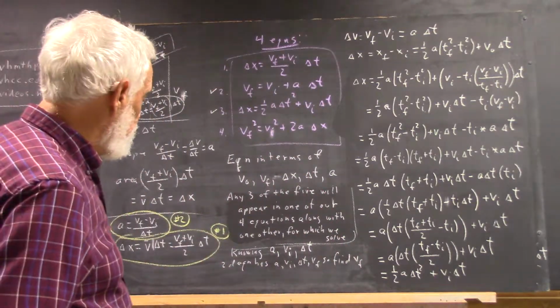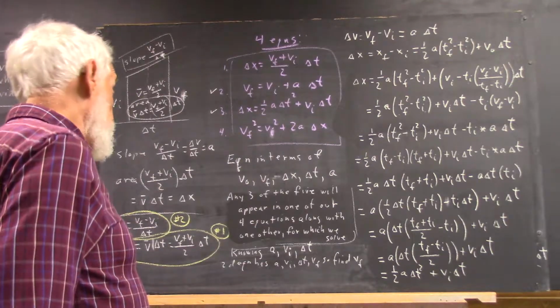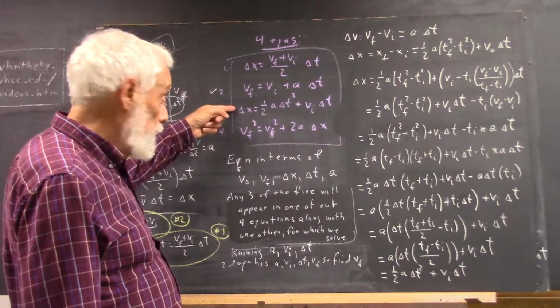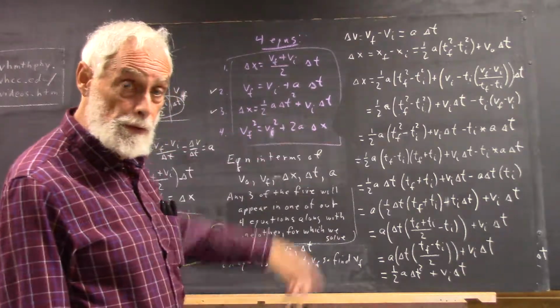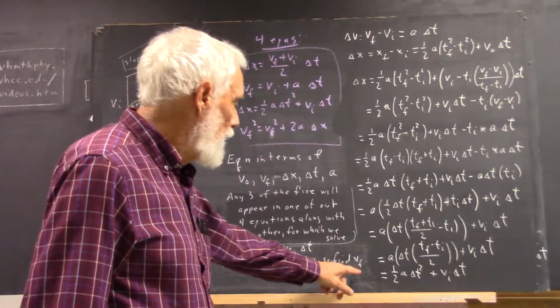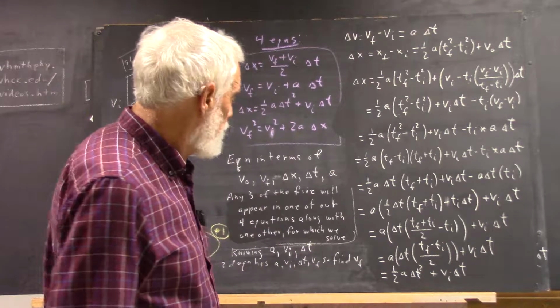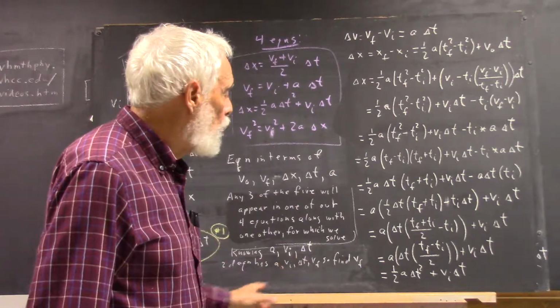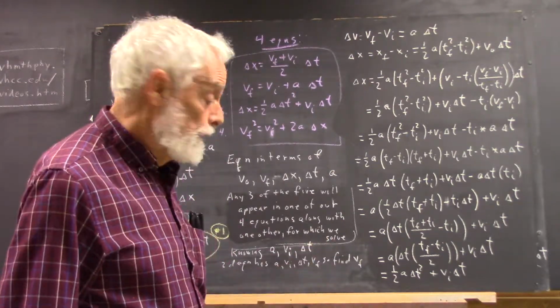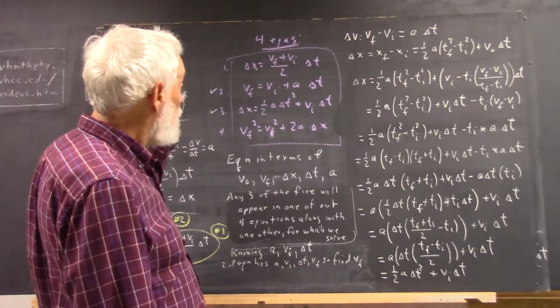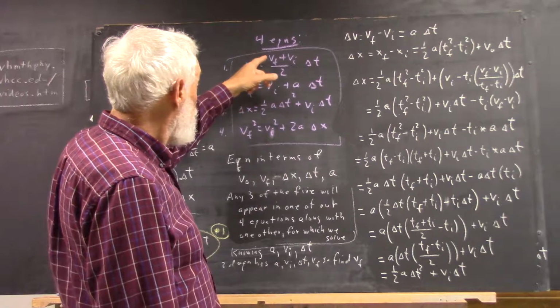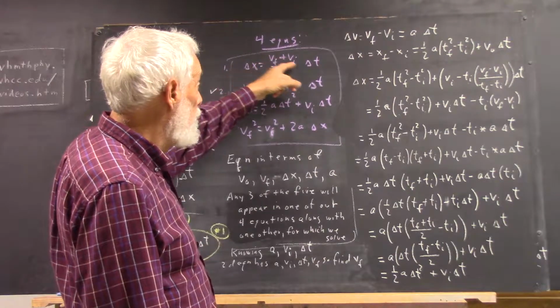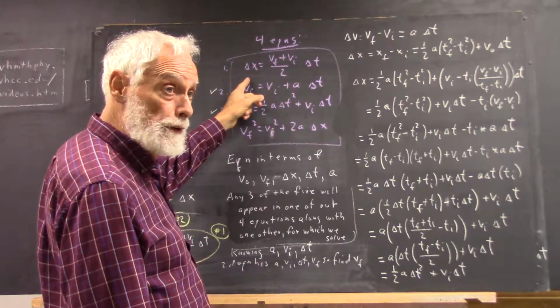Okay? Now we can do one of two things. We can use this equation with A, VI, and delta t and find delta x, which would be rather straightforward. Or having found VF, we now have 4 of the 5 quantities. So we find an equation that has 3 of them, and that might be the first equation. So knowing VF, we'd have VF, VI, and delta t, and we could use this equation.